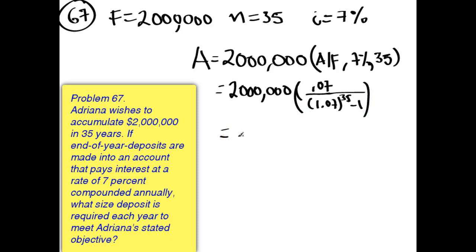Or simply $14,467.91. That is, she needs to save at the end of every year $14,467 in order to be able to collect $2 million at the end of 35 years.